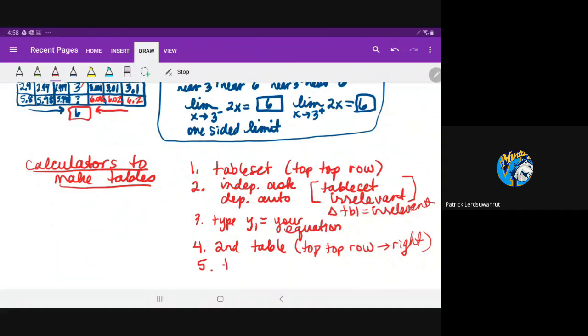And then you type in the X values you want. Okay, so write that down, and then I'll show you when we go to the table.